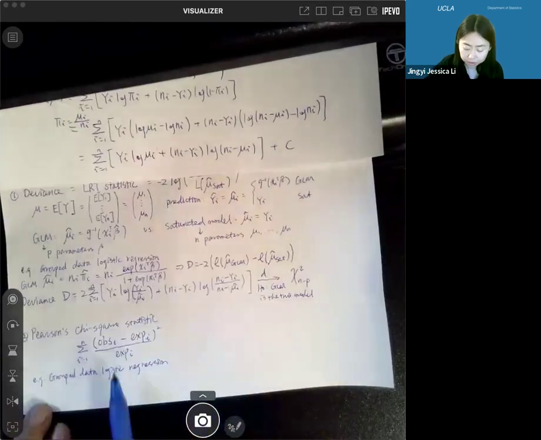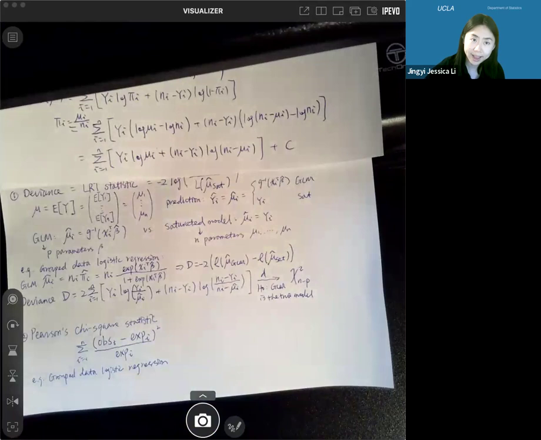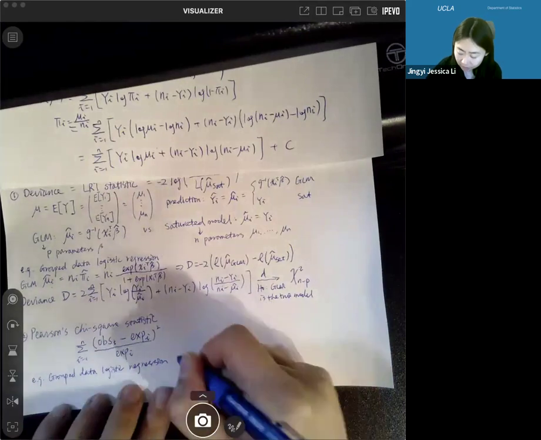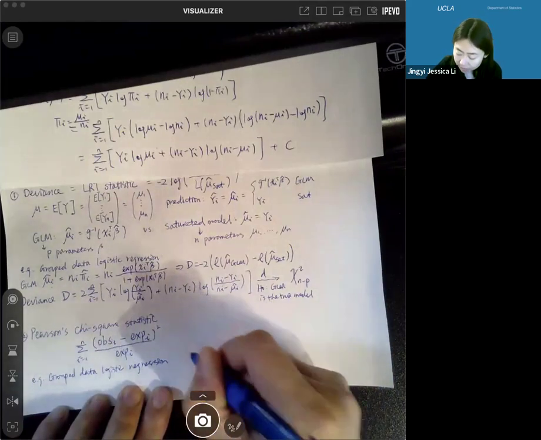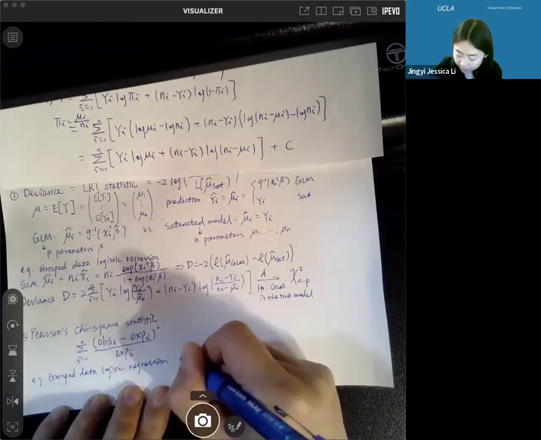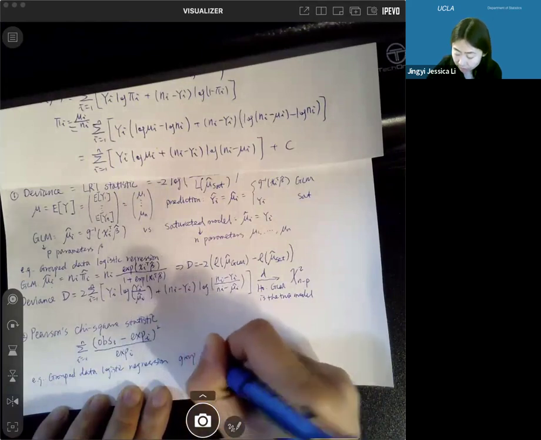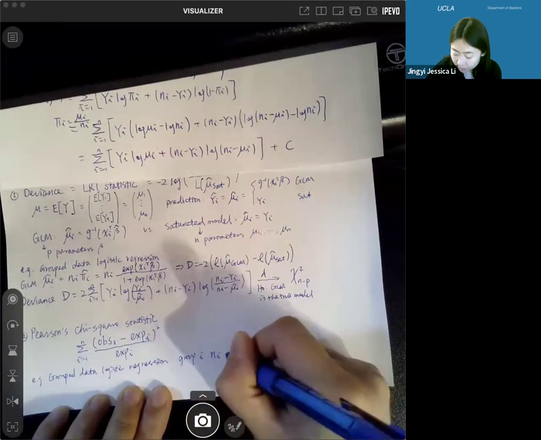The observed is of course the yi, but we also consider the other end. In group i, we have ni observations.